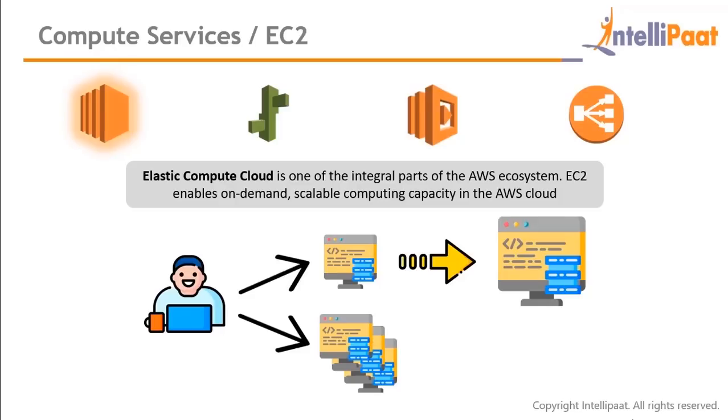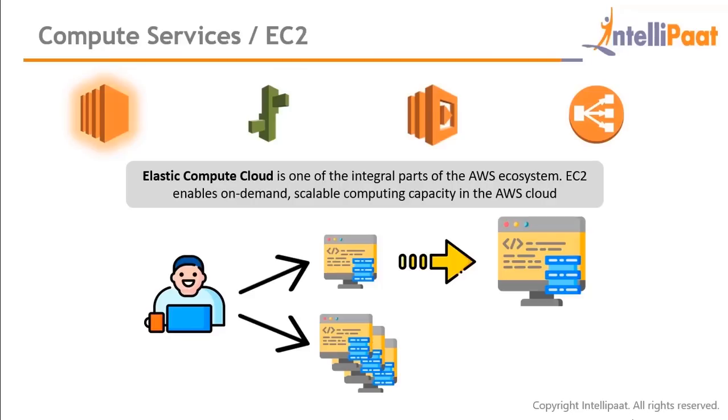EC2 is one of the most integral parts of the AWS ecosystem. It allows users to rent virtual computers on which they can run their own computer applications. Also, EC2 provides on-demand scalable computing capacity in the AWS cloud.